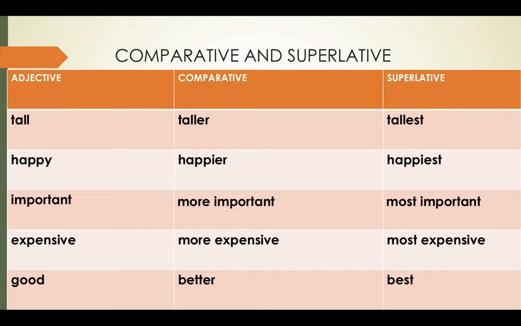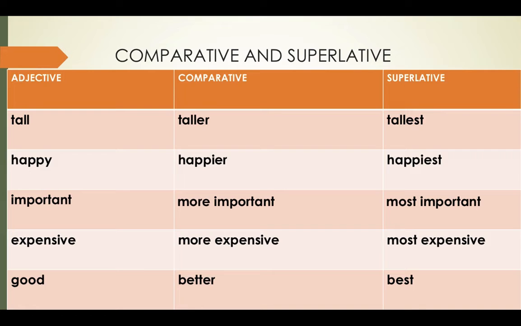Sometimes we're going to find adjectives that end with a consonant and y, like happy. What happens here in comparative?